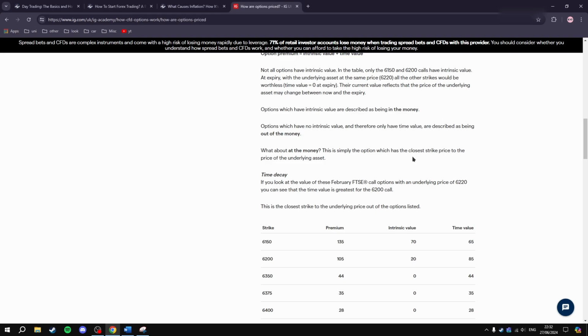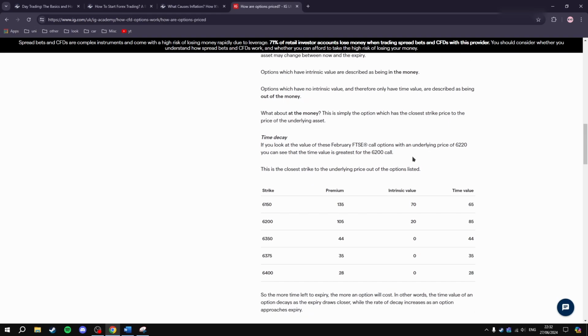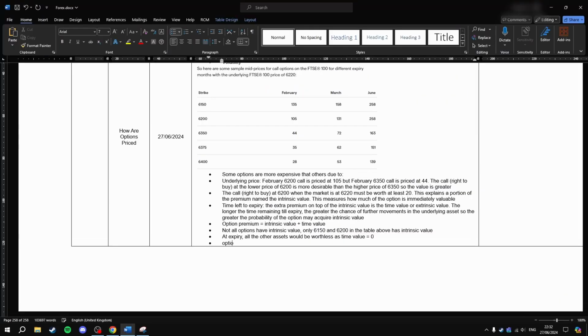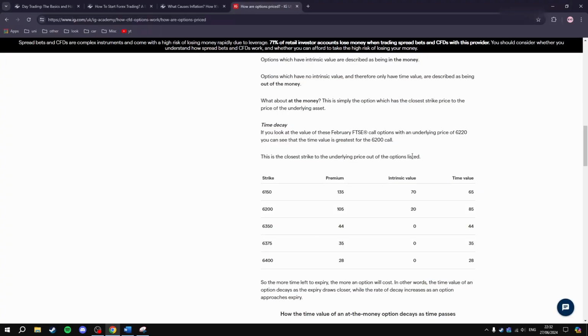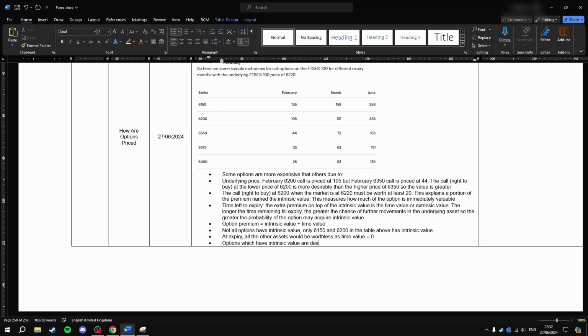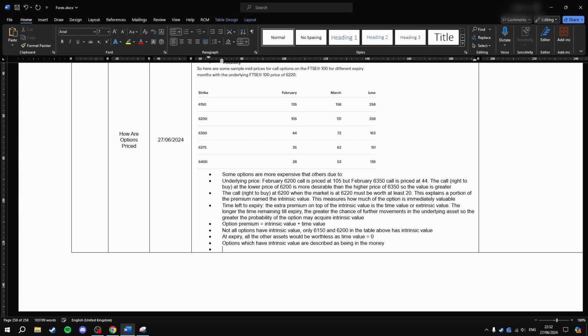Options which have intrinsic value are described as being in the money.